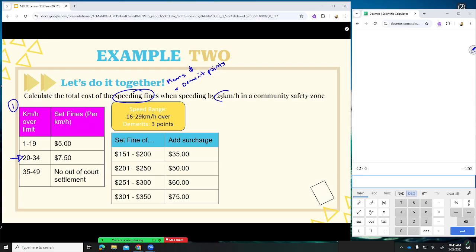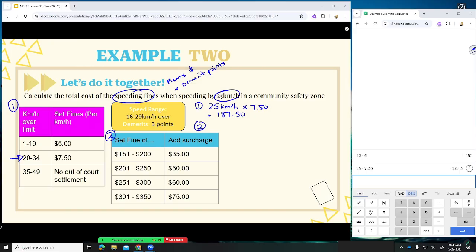Again, it's telling us specifically how much we went over by, so we just have to calculate 25 kilometers per hour times $7.50. We owe $187.50.